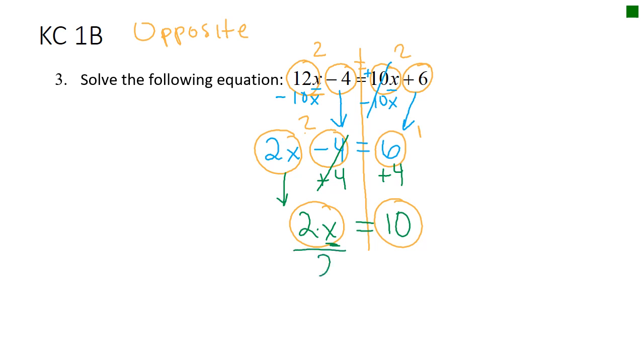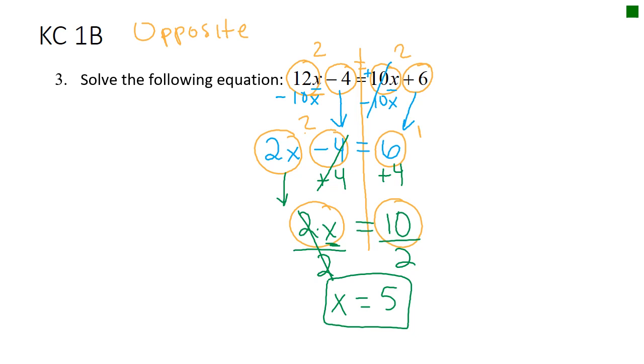You're gonna divide by 2. Whatever you do to one side, you're gonna do it to the next side. 2 divided by 2 is gonna cross out, it's gonna give me x, and 10 divided by 2 gives me 5. So x equals 5. And that's it. Notice how we're still combining like terms, but now we're doing the opposite.